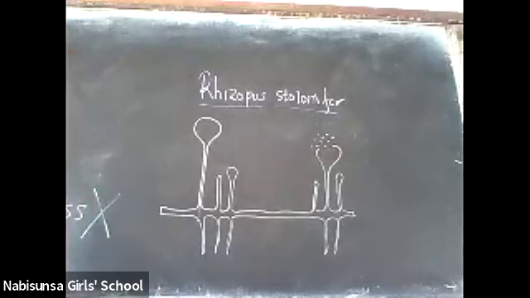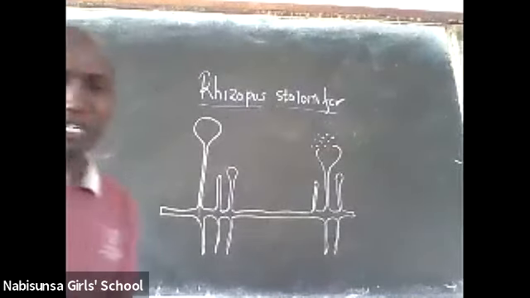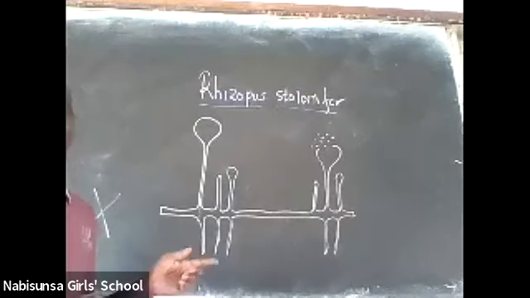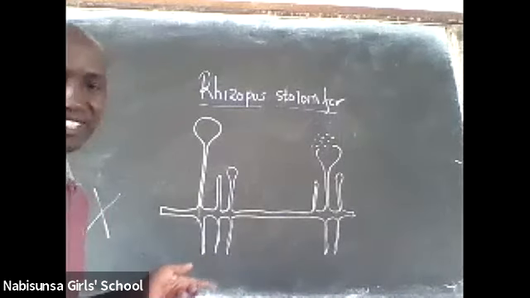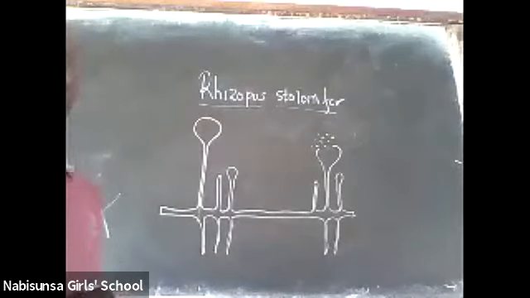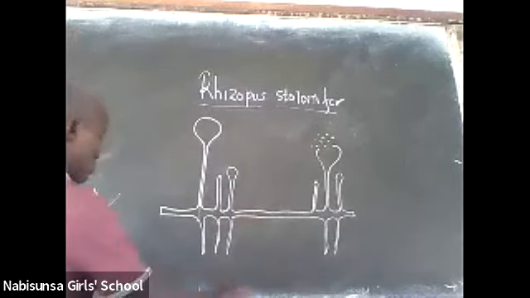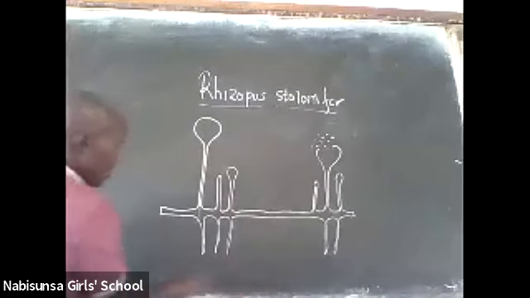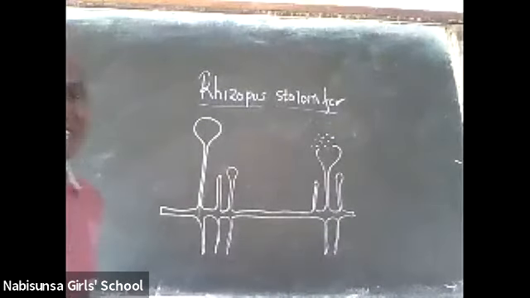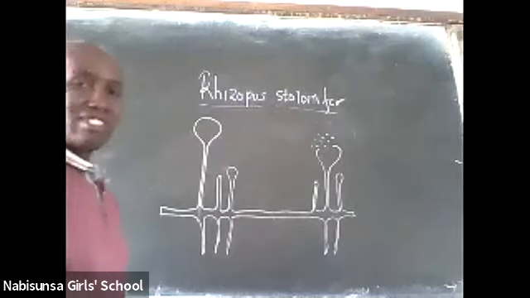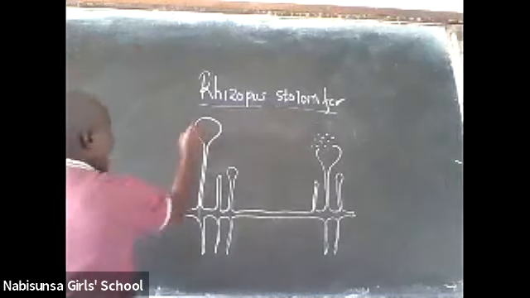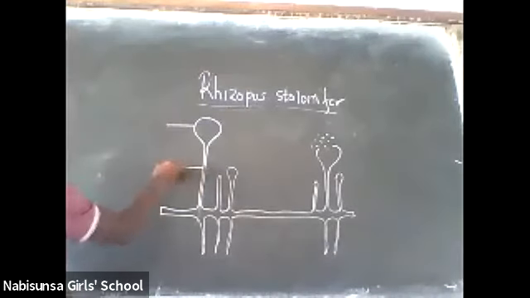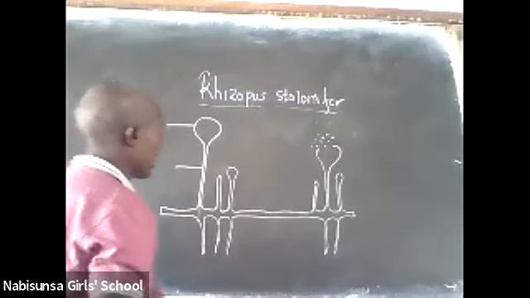Okay, if you're unable to see the board clearly, it could be, teacher, you're blocking. Yes, I'm blocking because I have to write something. Someone is assisting me to name these parts. Good. So let me first put the label lines, and then she'll give us the names.